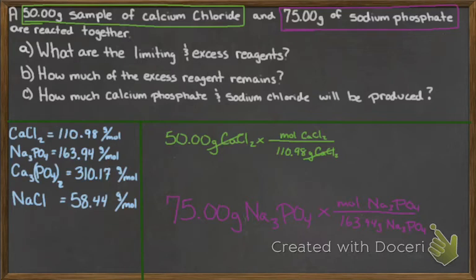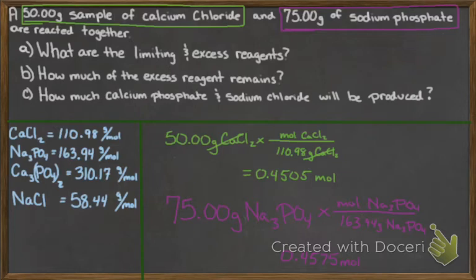If we calculate calcium chloride, we get 0.4505 moles. And if we do the same thing for sodium phosphate, we get 0.4575 moles.